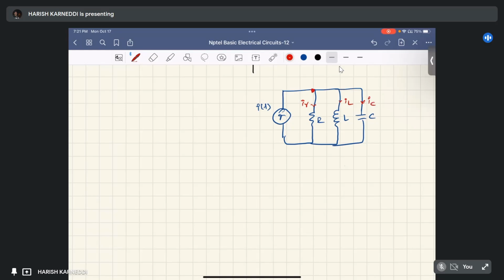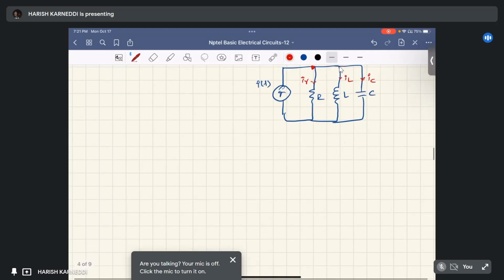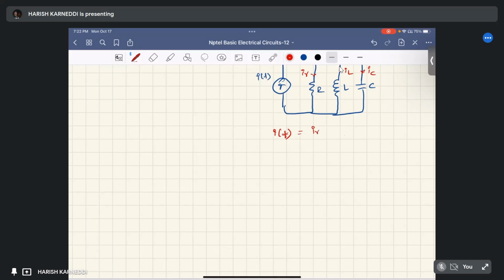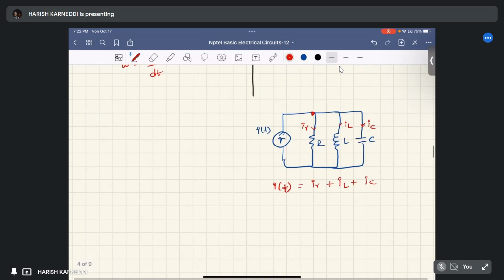We can apply KCL at this particular node. What is the KCL equation? It is the sum of the currents: I of t entering equals the leaving currents, that is IR plus IL plus IC. We will consider this node to have a voltage of V of t.